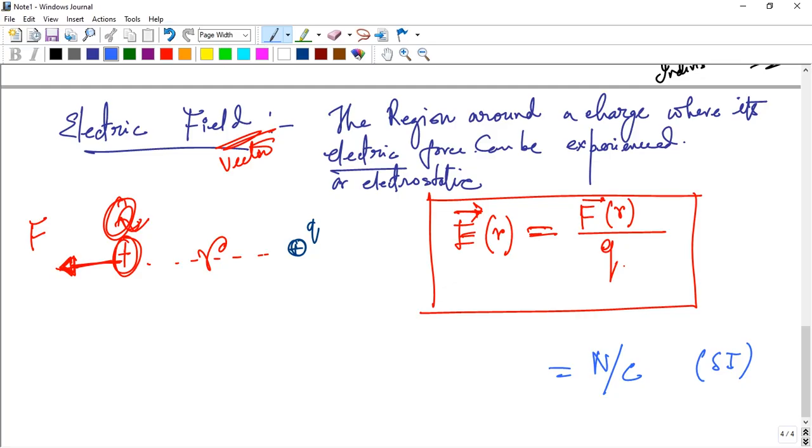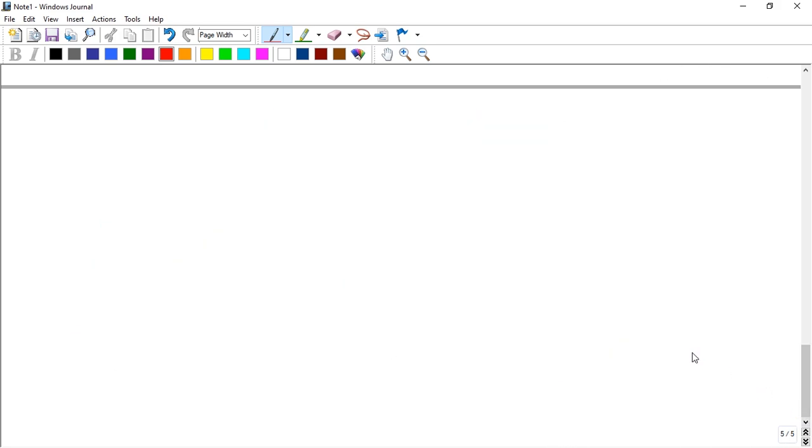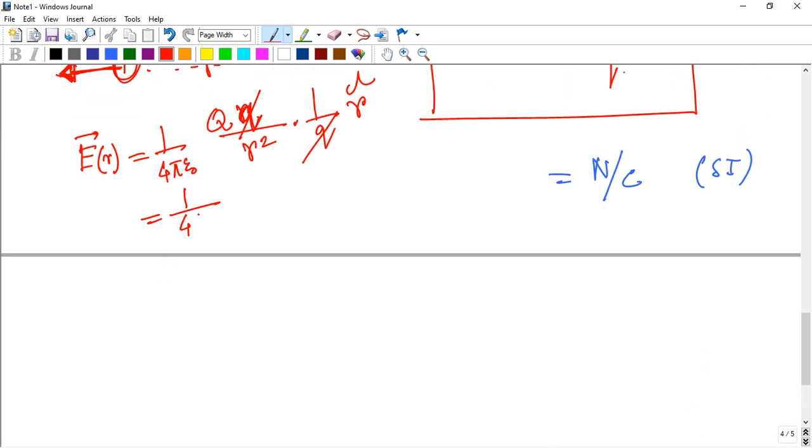Finally we get the expression E of r equals 1 over 4 pi epsilon naught, times the force, Q q over r square, times 1 by q, in the direction r cap. The q cancels, and the final expression is E vector equals 1 over 4 pi epsilon naught Q over r square, r cap.